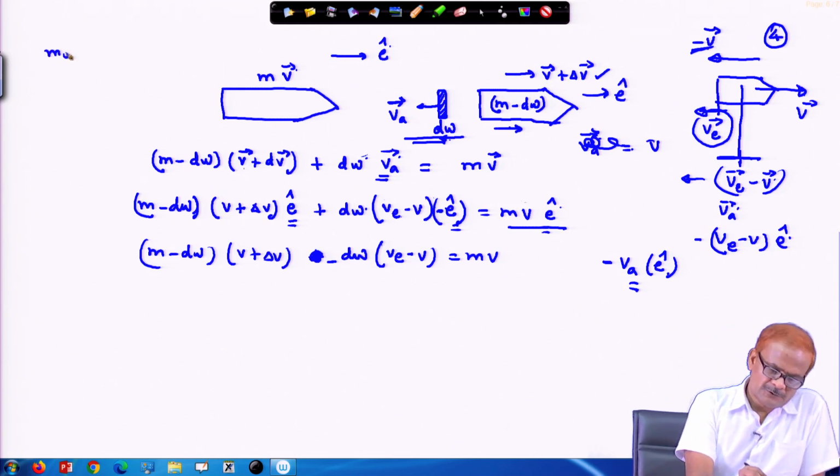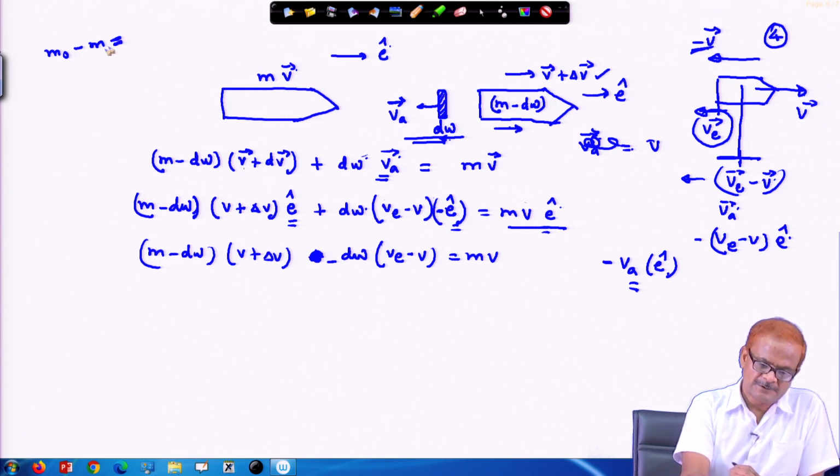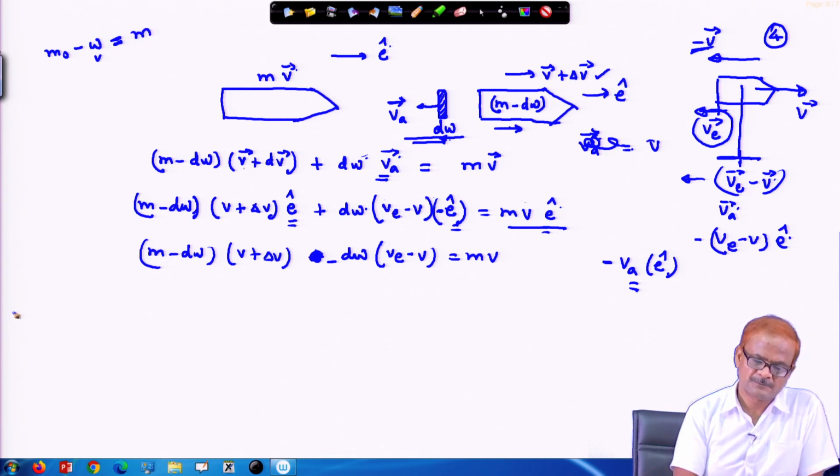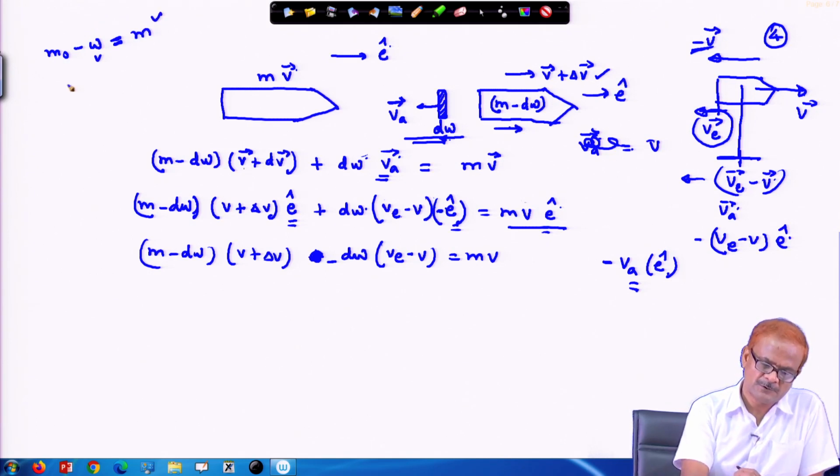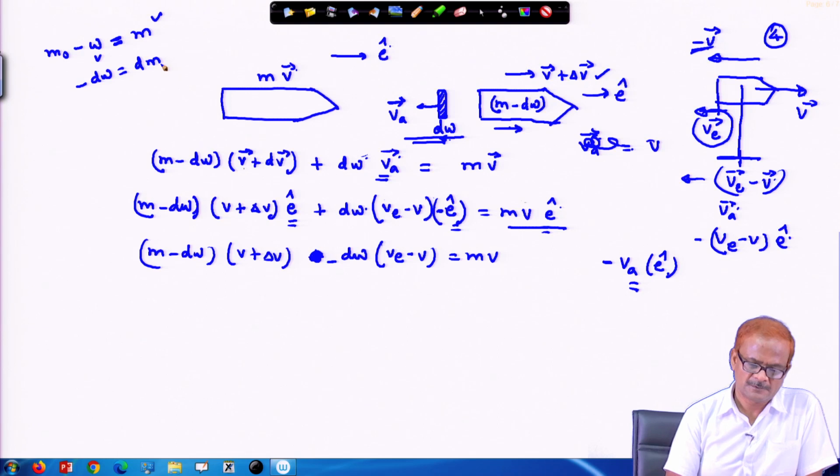Now, if m 0 is the initial mass, m is the mass at any time. So, this indicates w is the mass burned. So, this is a positive quantity w we are taking. So, the mass later on becomes m, and once we differentiate this, we can see that dw will be equal to dm. So, dw can be replaced by minus dm.